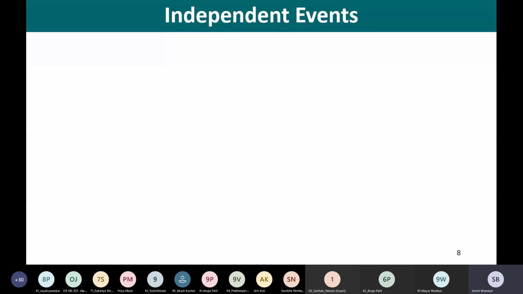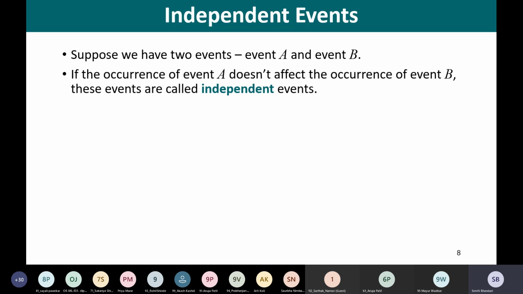Fine. So let's proceed now with independent events. Suppose we are having two events now, event A and event B. If the occurrence of event A doesn't affect the occurrence of event B, the events are called independent events.